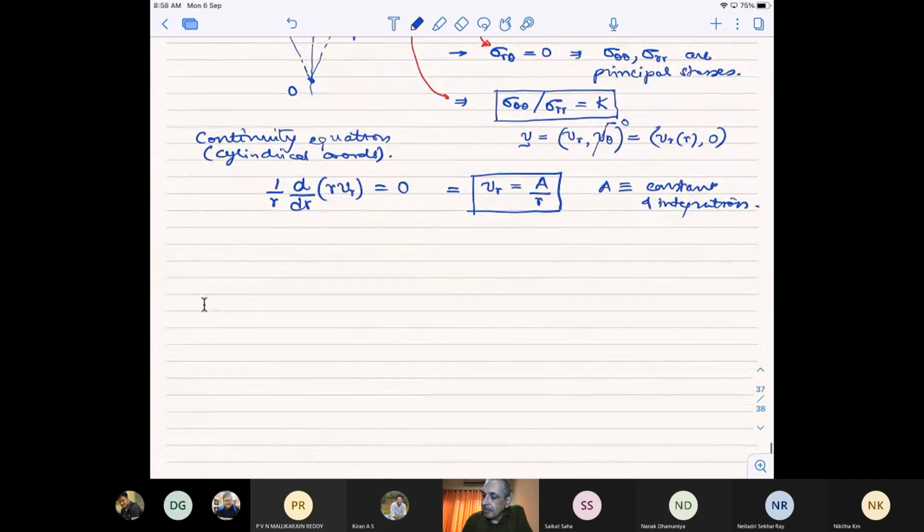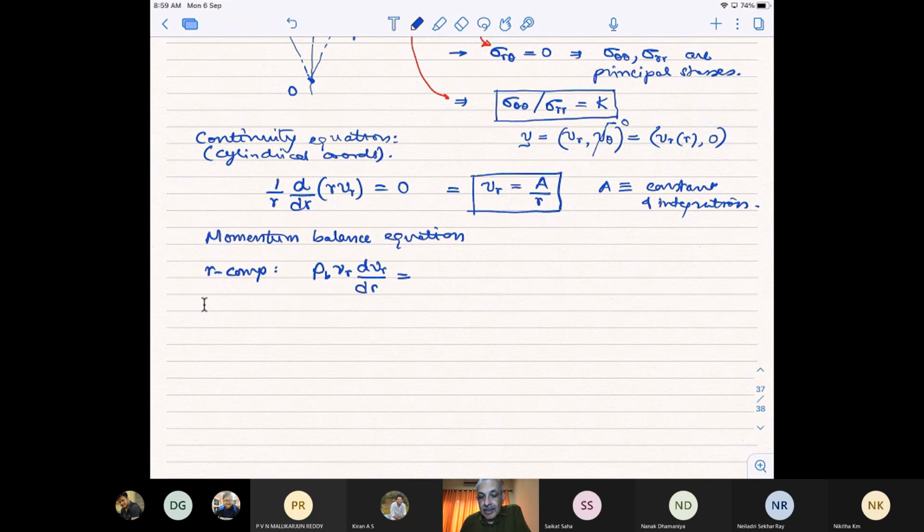Okay. So this is the continuity equation, and of the momentum balance equation, there's only the R component, otherwise in the other components all the terms are 0. So what we get from the R component is rho B VR dVR by dr, this is the left hand side of the equation.